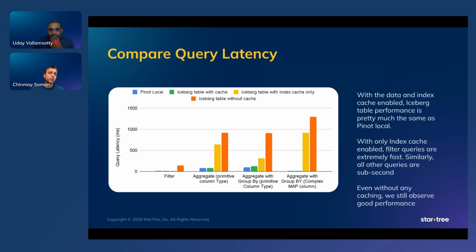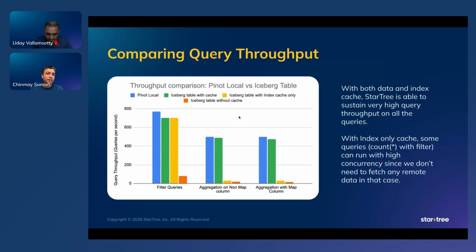Right. This is just showing the difference between Pinot local and StarTree with external tables. So the blue and the green are the ones to watch, and they're pretty similar, as you can see. So we are able to match the performance of Pinot local, as if the 1 terabyte data set was loaded locally in Pinot. Similarly, on the query side, the green is the external table here.